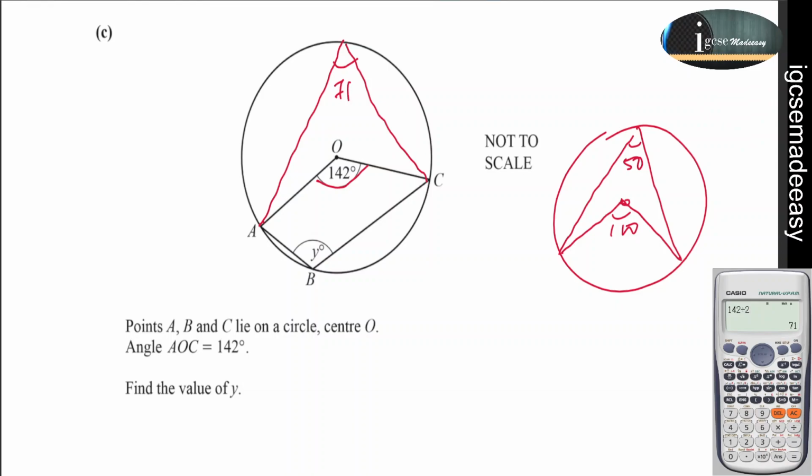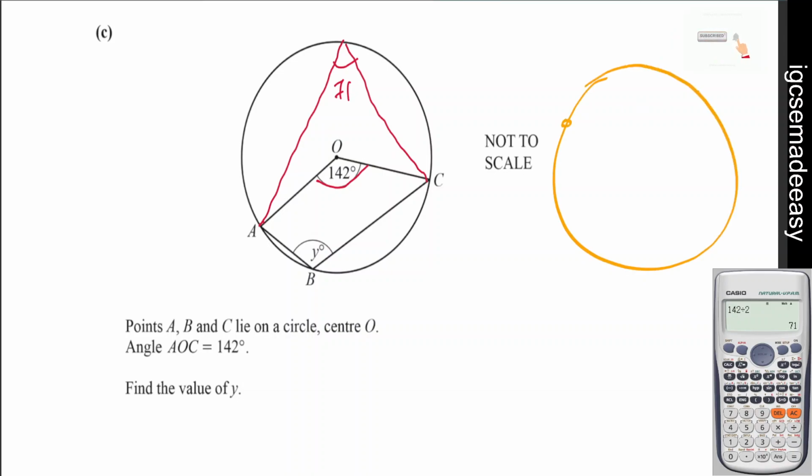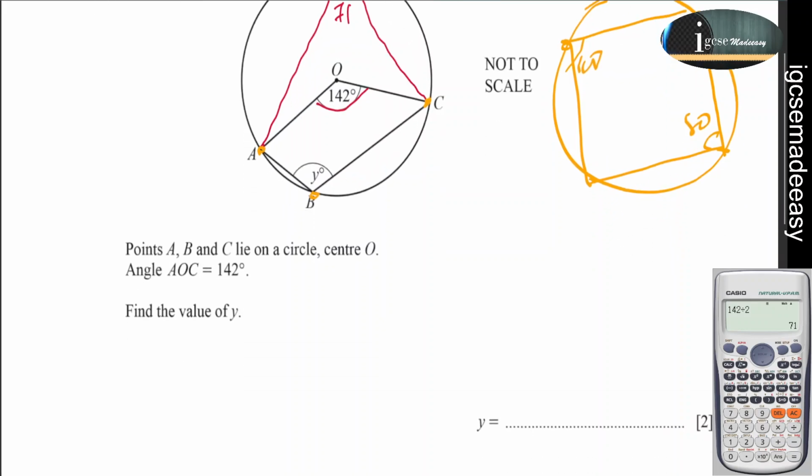Also there is a property that you should know. If all the points are on the circle and it makes a quadrilateral, then this is called a cyclic quadrilateral. And this cyclic quadrilateral has the property that the sum of opposite angles will be equal to 180 degrees. If this is 100, then this should be 80 degrees. Because this point, this point, this point and this point are all on the circle, we will call it a cyclic quadrilateral.